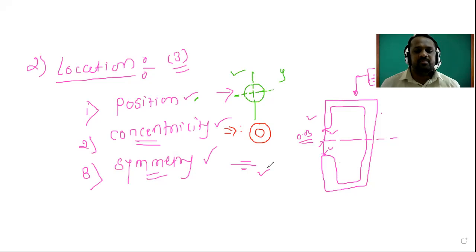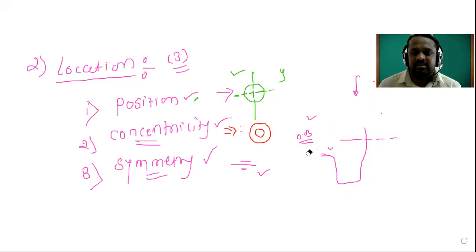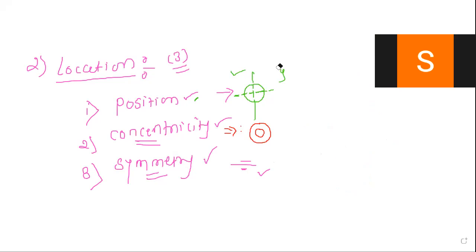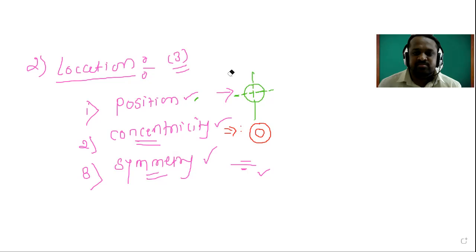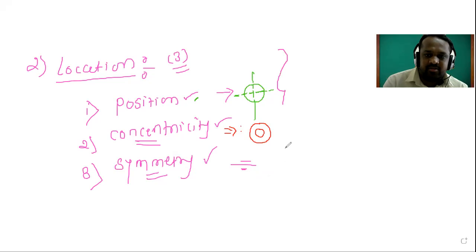So understood? When we can call it symmetrical. And the important point is related to that feature. Here for this location, a datum is required.